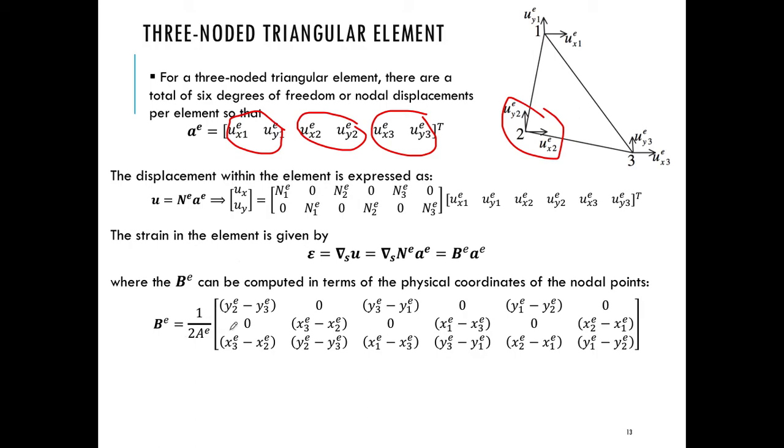Substituting in the derivatives for my linear triangular element, I get this expression for B^e. Note that these are the derivatives. This is del n1 with respect to del x, which we have already looked at in our lecture when we considered 2D discretization using the three-noded triangular element.